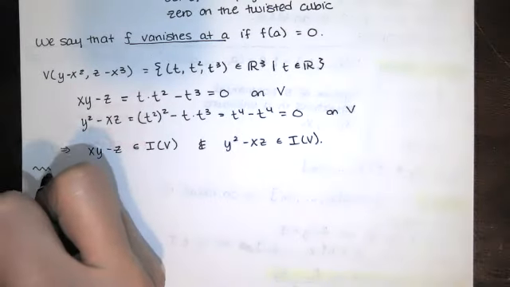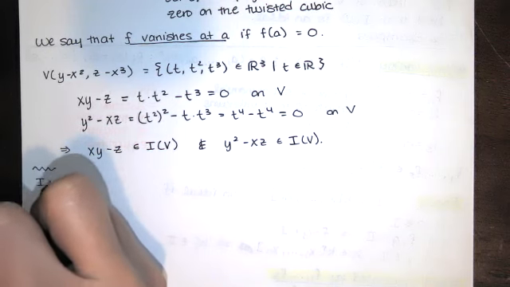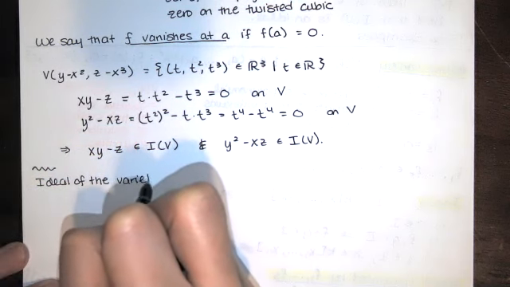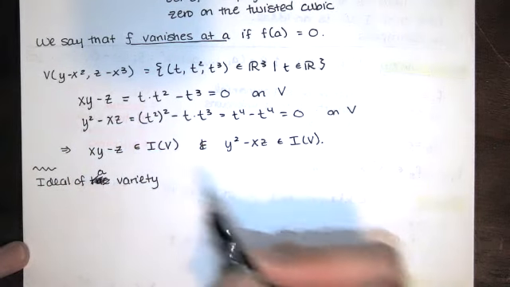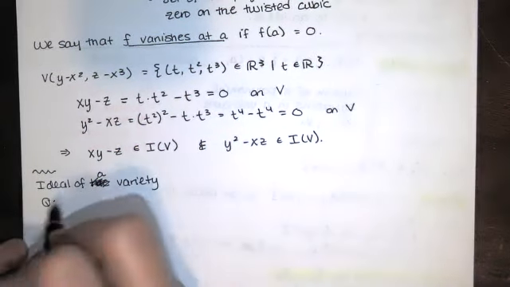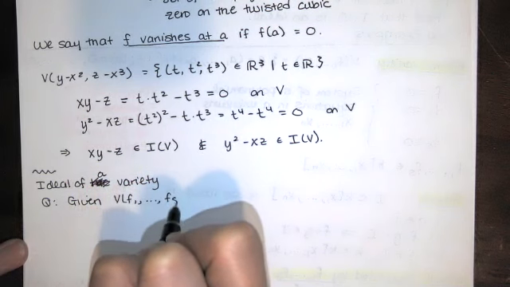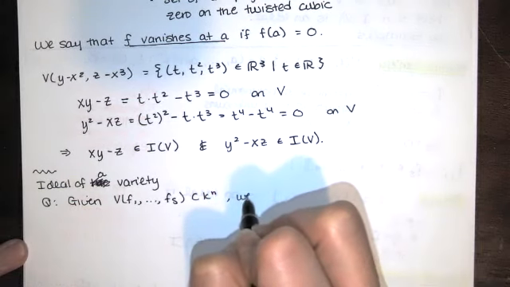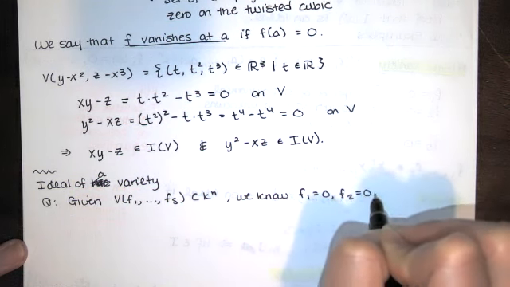The ideal of a variety answers this question. If we're given a variety in n-dimensional affine space, we already know that f(1) is equal to 0 and f(2) is equal to 0.